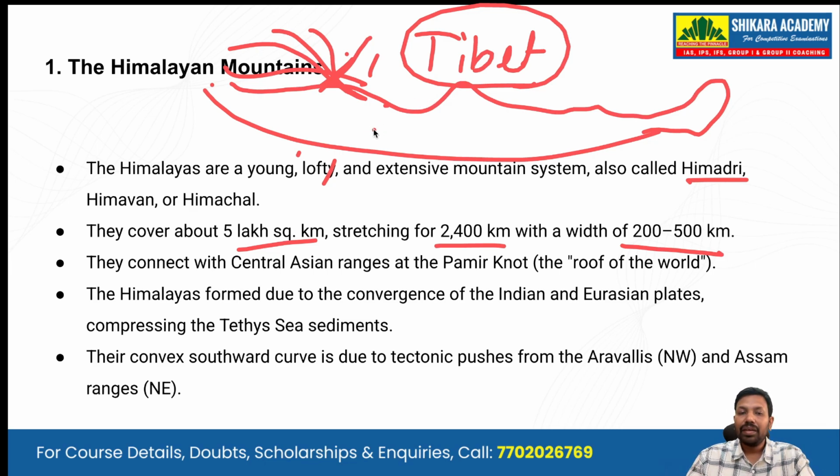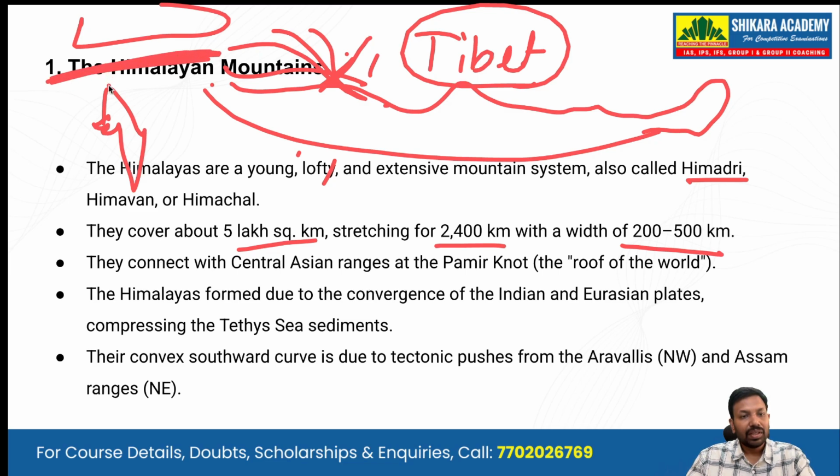And similarly, once upon a time, before the Himalayas were formed, if this is India and this is Eurasia, in between we had a sea called the Tethys Sea. This Tethys Sea had sediments from India and also from Eurasia. Sediments means not just sand sediments. Sediments from dead animals, or dead plants, or trees, or aquatic biota, or terrestrial biota.